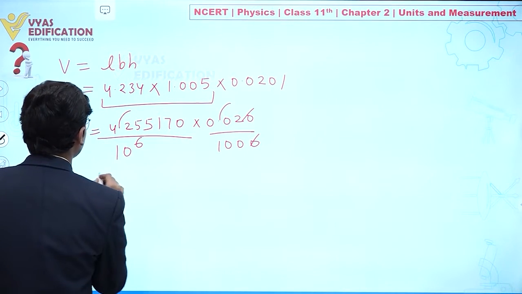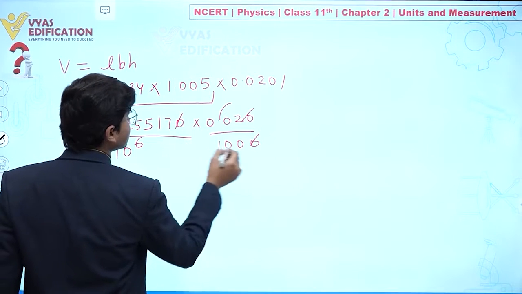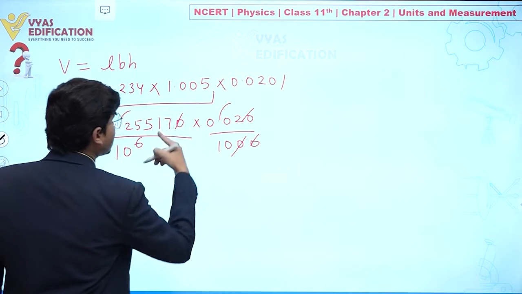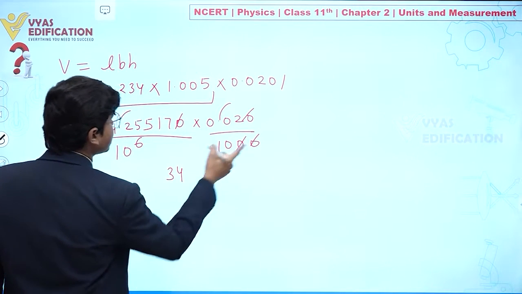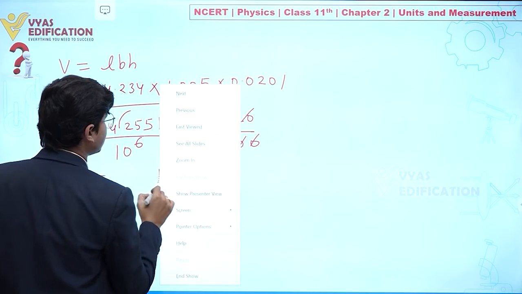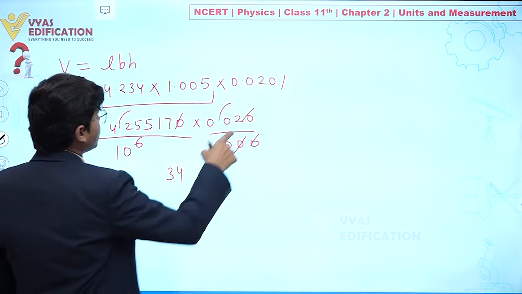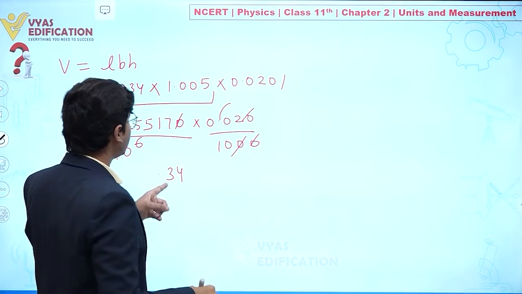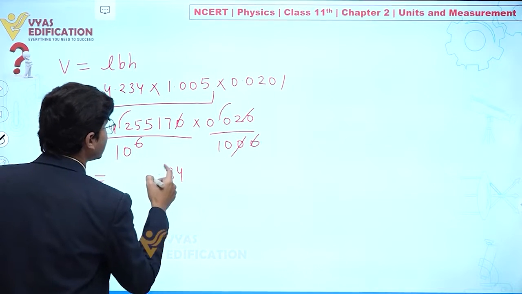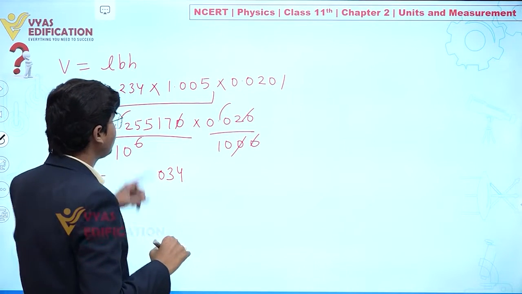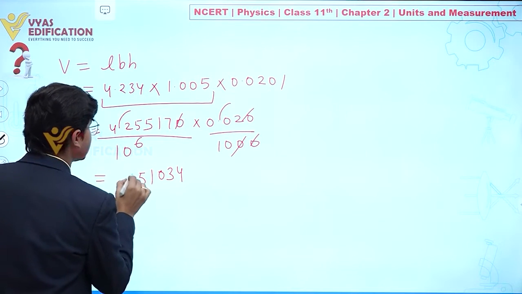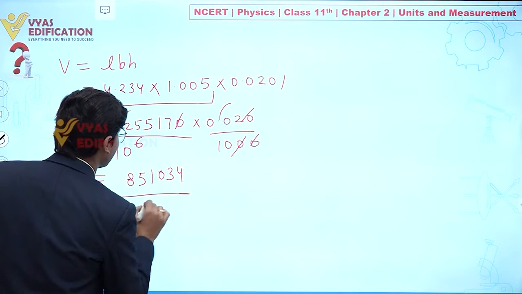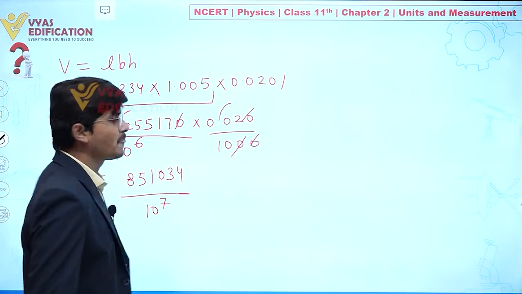You can directly first multiply, and this one also cancelled out. So multiply it, 2 multiply 7 is 14, we have 1, this is 3, and 5 multiply 2 is 10, we have 1, so 11, we have 1, this is 5, and that is 8, and it is divided by 10 to the power 7.